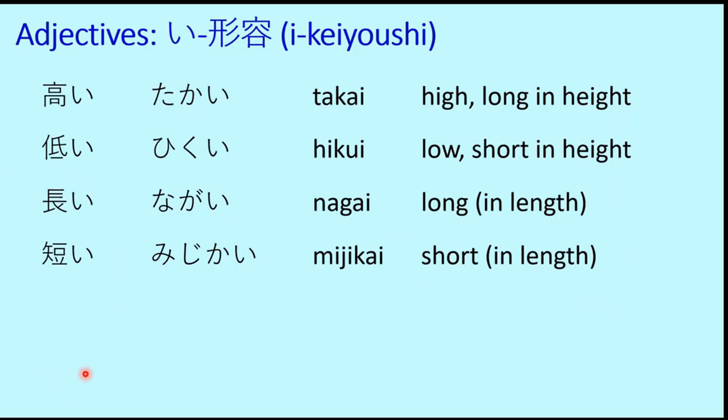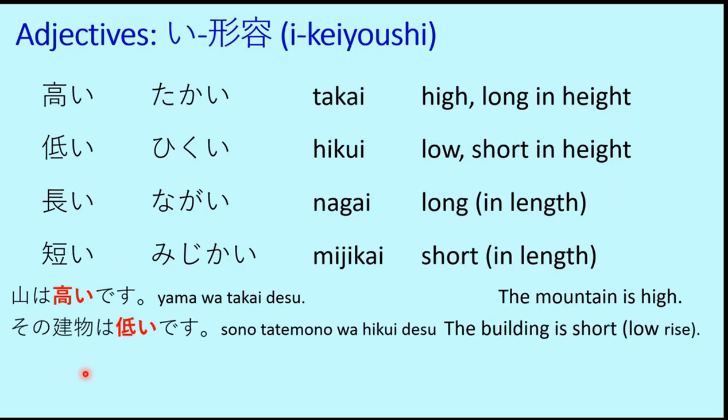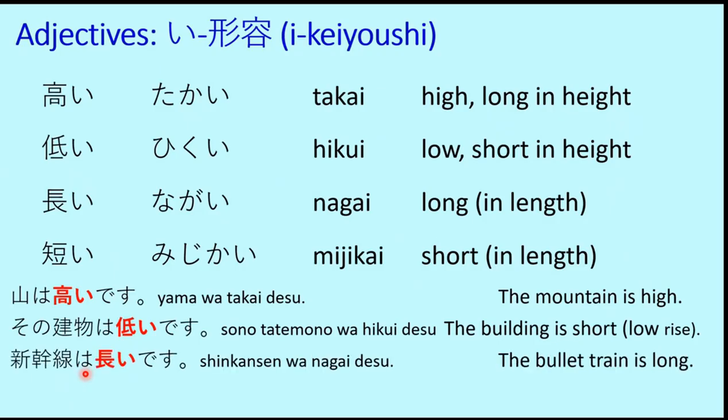Yama wa takai desu. The mountain is high. Sono tatemono wa hikui desu. That building is short in height, or it's a low-rise building. Shinkansen wa nagai desu. Shinkansen means the bullet train. You might remember in one of our Japanese extra shorts, we had discussed in detail about these three kanji, and there was something interesting.